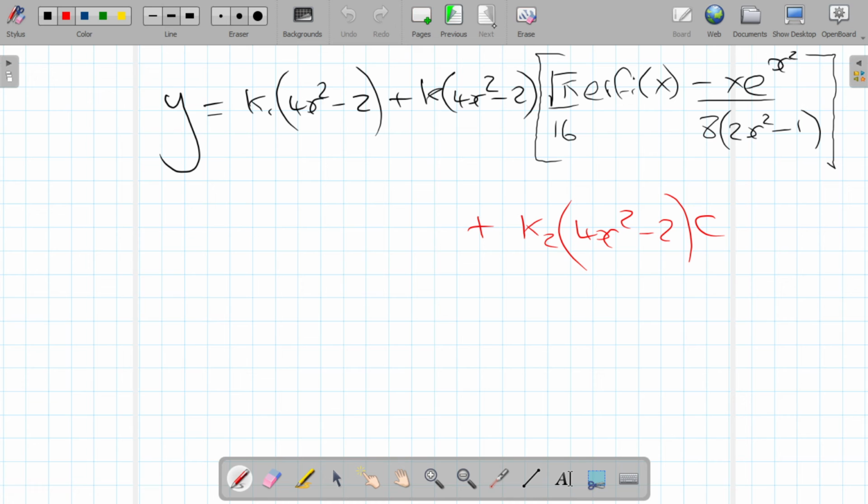Now, you'll be able to observe that in fact, that actually should be k2 there, shouldn't it? Right. So we've got a solution that can be tidied up a little bit more.